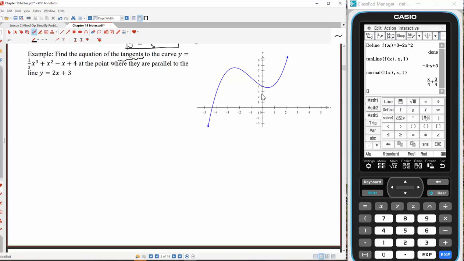So we've got 3, a gradient of 2, x equal to 1, I'll go up by 2. So this is our line here. What we want are the equations of the tangents that run parallel to this line. I can see there's going to be one around here and one here. So I'm presuming the x values are going to be like -3 and maybe 1 or something like that.